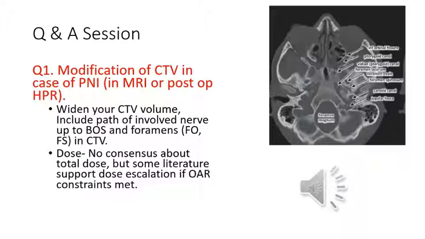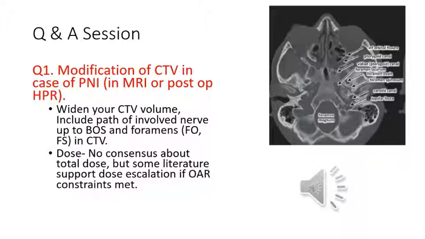Now, firstly, that is backed by some literature, but it is the difficulty in giving and tolerating and sparing the normal tissues that actually stops us from topping up the dose beyond 60 gray.